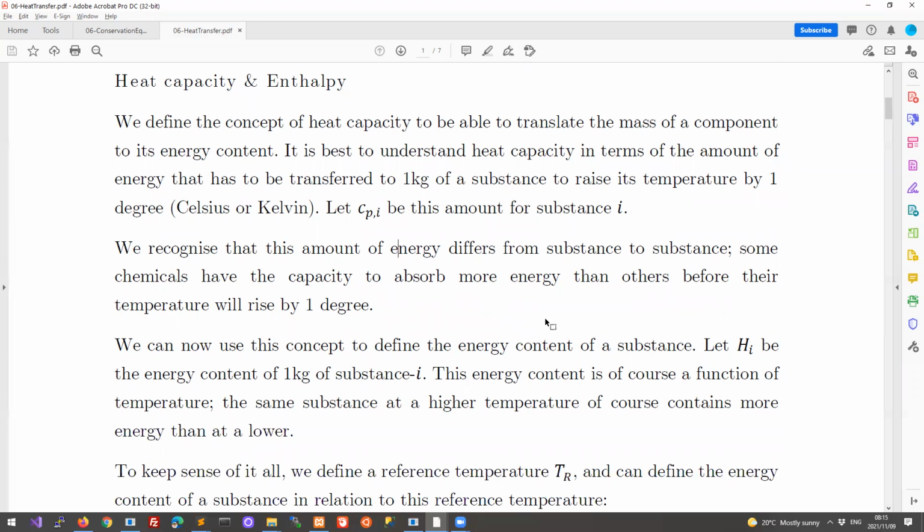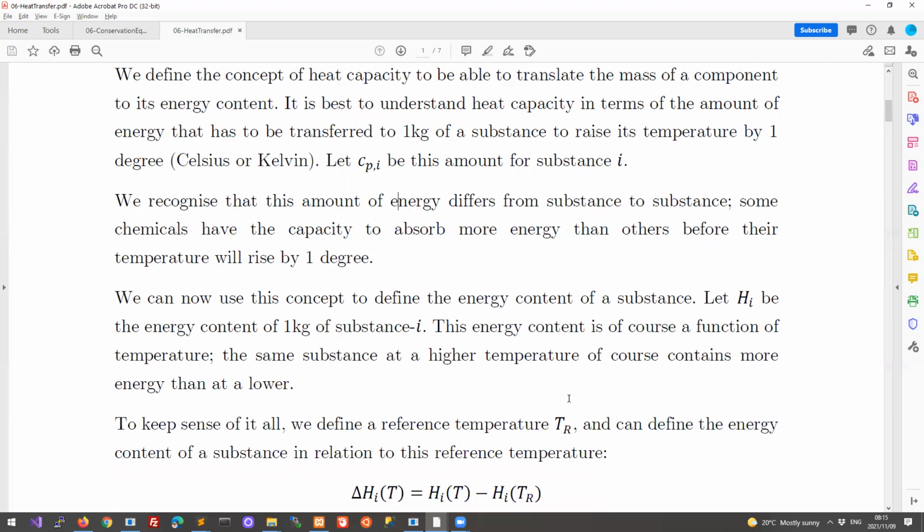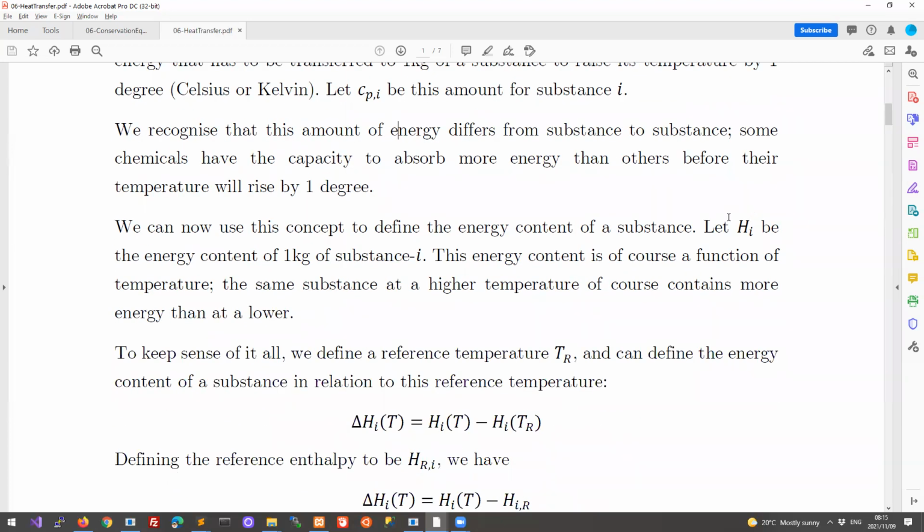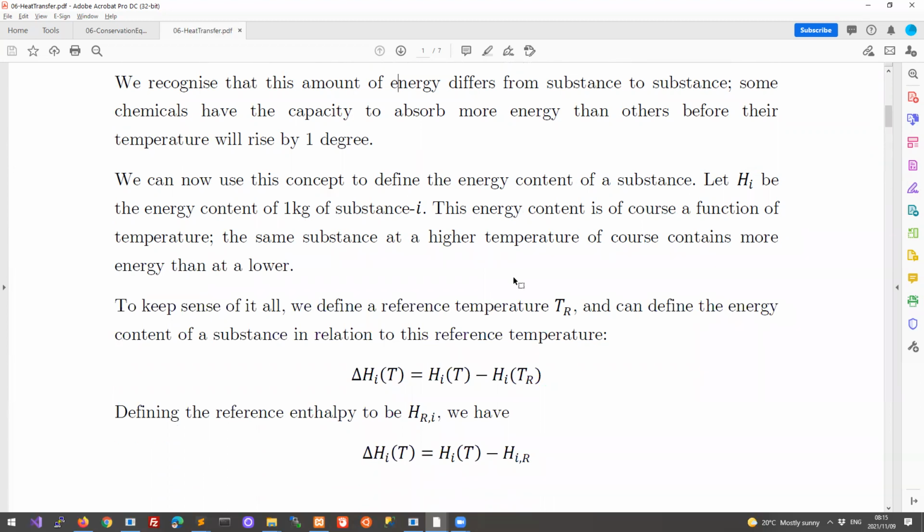And of course, that does depend on the temperature. If you take 1 kilogram of water at 50 degrees and compare it with 1 kilogram of water at 10 degrees, there will be more energy in the 50-degree water. So we define the enthalpy Hi to be the energy content of 1 kilogram of the substance of type i, and this is temperature dependent.